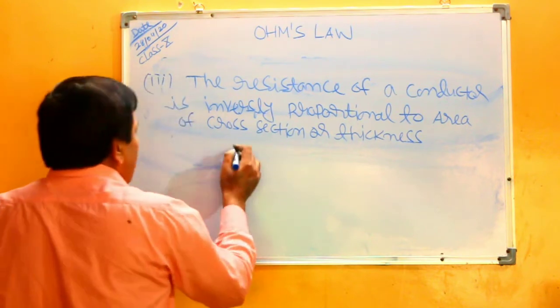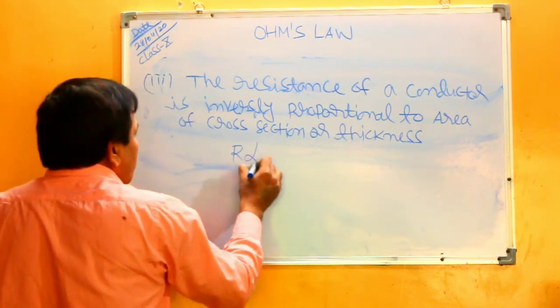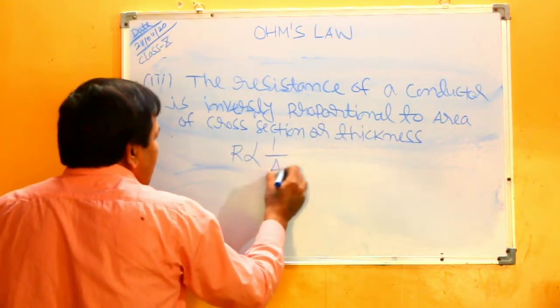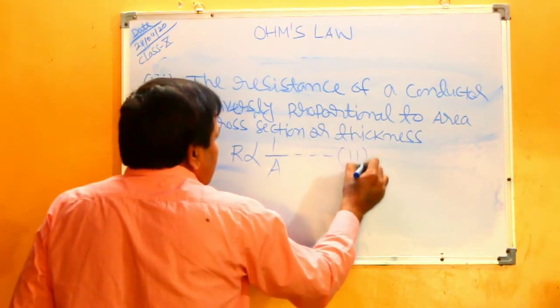So we can write here R is proportional to 1 by A. This is the second condition.